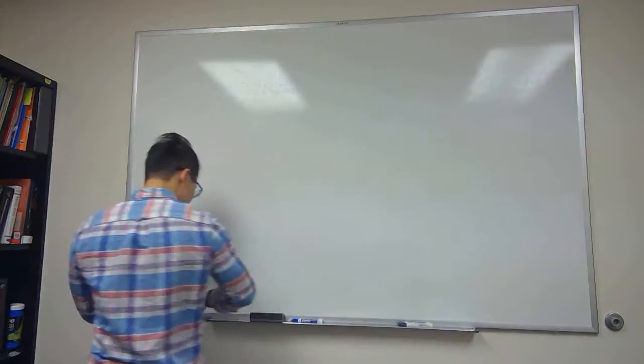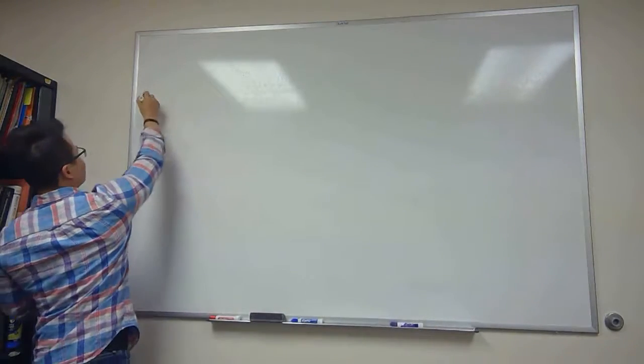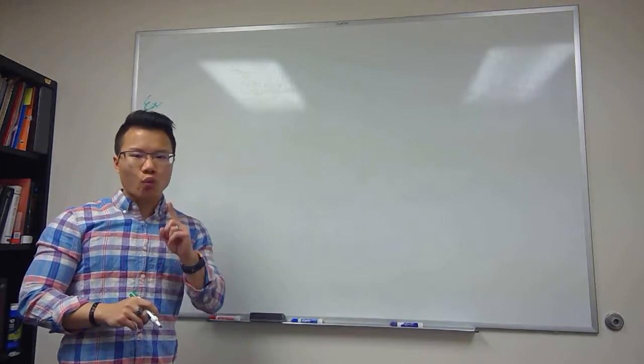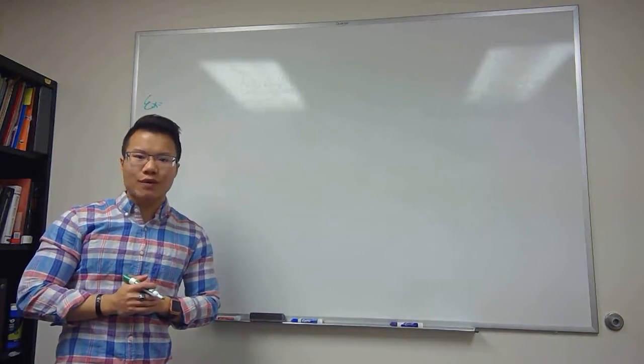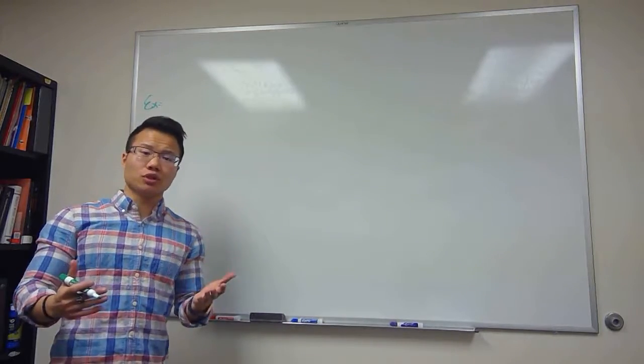Okay, so here's a new example right here. If I give you one trig function, I want you to find all the rest of the 5 trig functions. How can we do that?